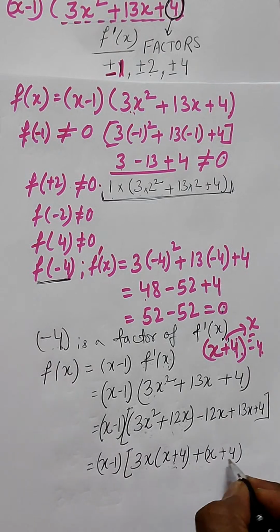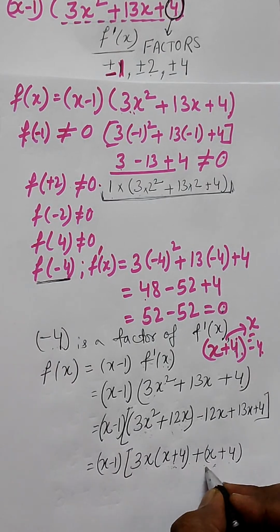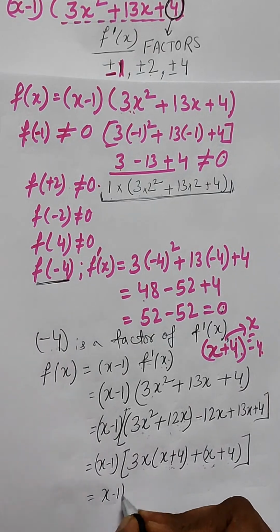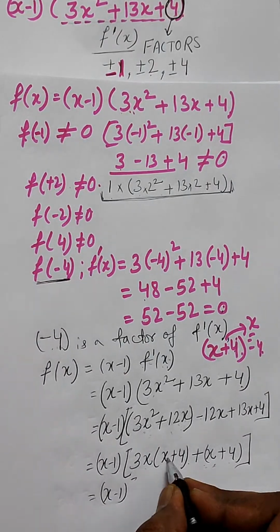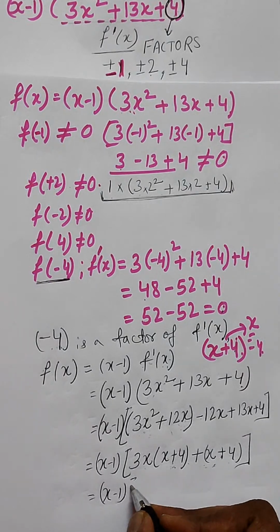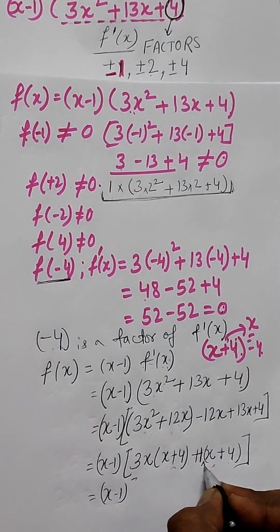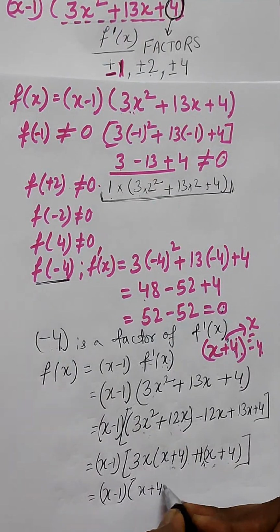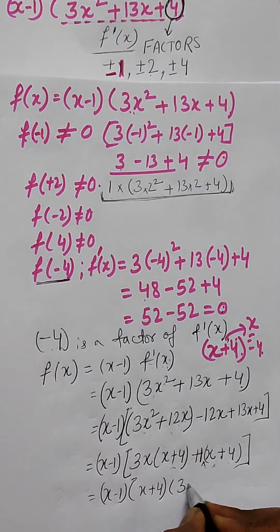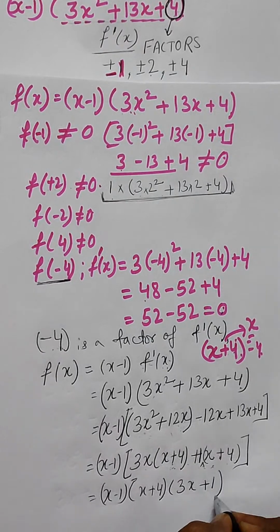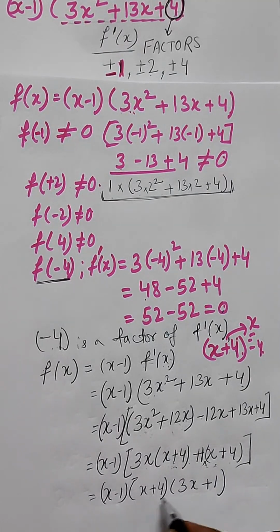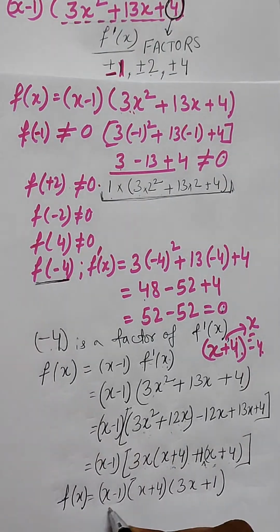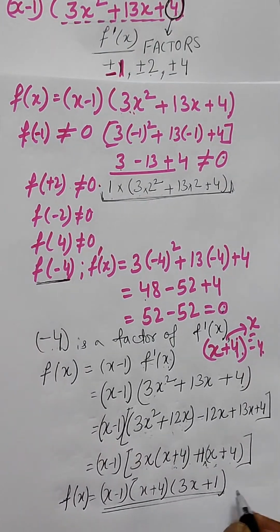So here also it is automatically settled, right? So from this x minus 1, and x plus 4 and x plus 4, if you take x plus 4 out, we are left with 3x plus 1. So this will give you for f x the three factors, the three zeros.